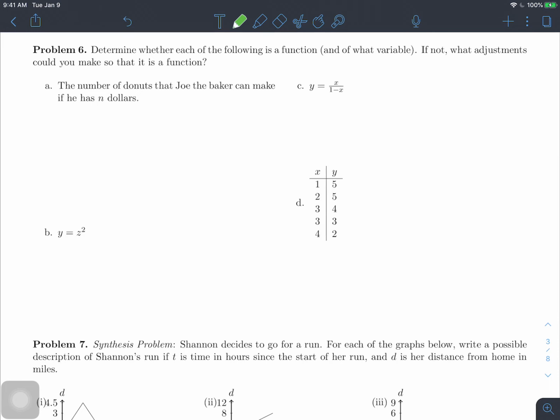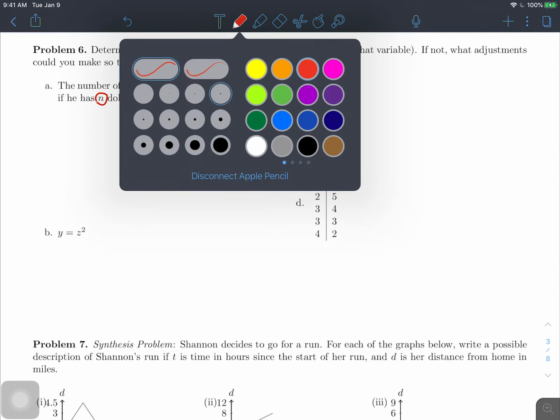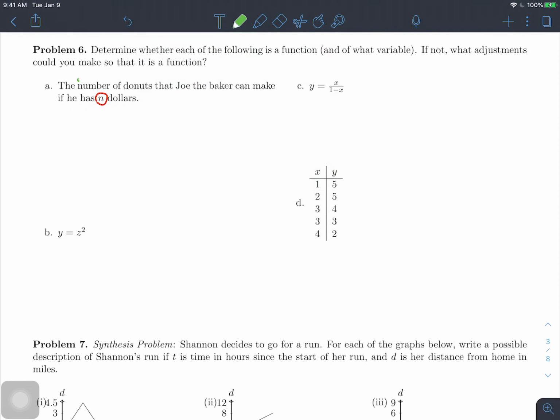Yes. I just figured that n would be the input, and that would result in the number of donuts equal to the output. Exactly. So our input here, let's continue with our color coding. I've been doing red as the input, is going to be n, right? And the output is going to be the number of donuts that we can make. We'll call it D maybe.